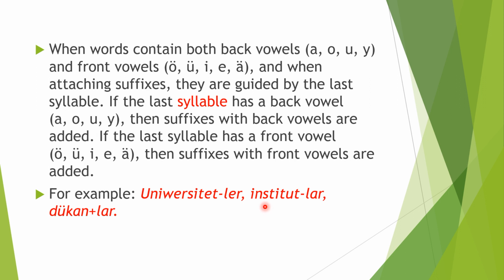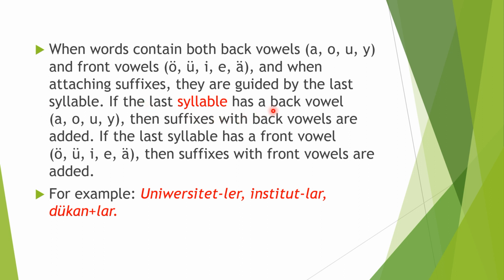Okay, now you must have a question. For example, what if the word contains both inçe çekimliler and ýogyn çekimliler? That is, what if the word contains both back vowel and front vowel? So in this case, we pay attention to the last vowel. When words contain both back vowels, a, o, u, y, and front vowels, ö, ü, i, e, when attaching suffixes, they are guided by the last syllable.